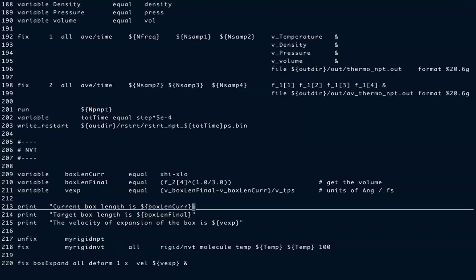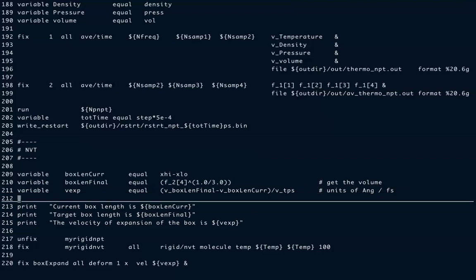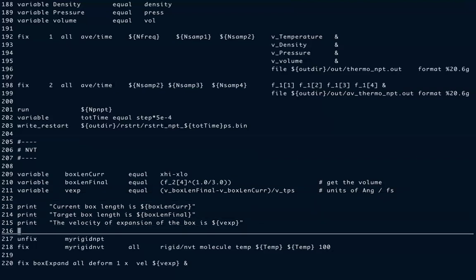To determine the velocity of expansion, I have used this expression which tells you the distance over the time, which gives you units of velocity, in terms of angstroms per femtosecond. This basically tells the LAMMPS script to expand the box at these many angstroms per femtosecond until it reaches the final box size.